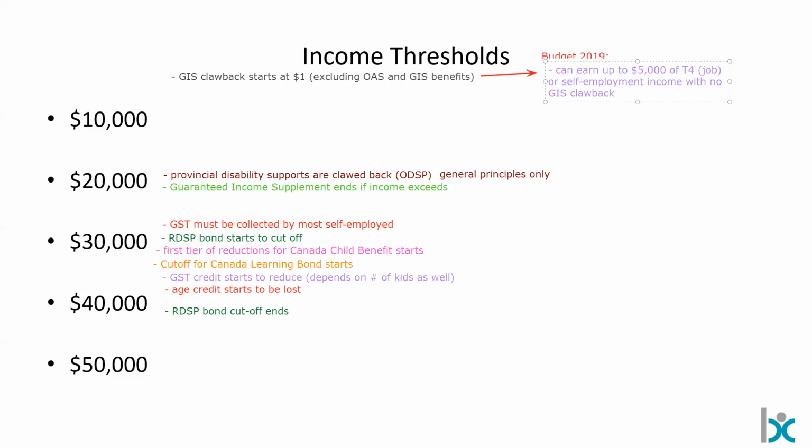It used to be $3,500. And then the next 10,000 of that income only gets half the clawback. Okay, that's another budget 2019 item.